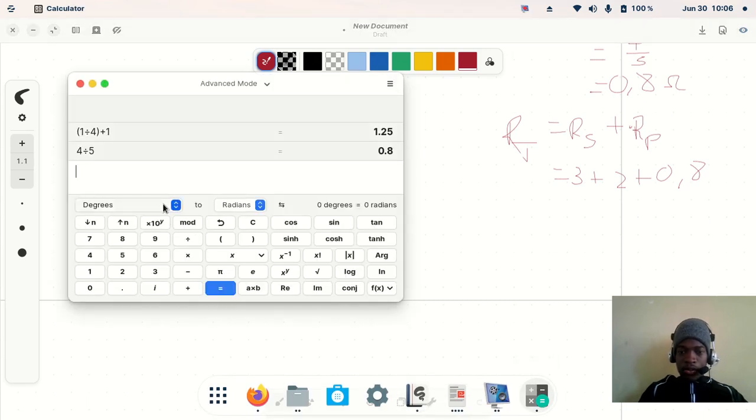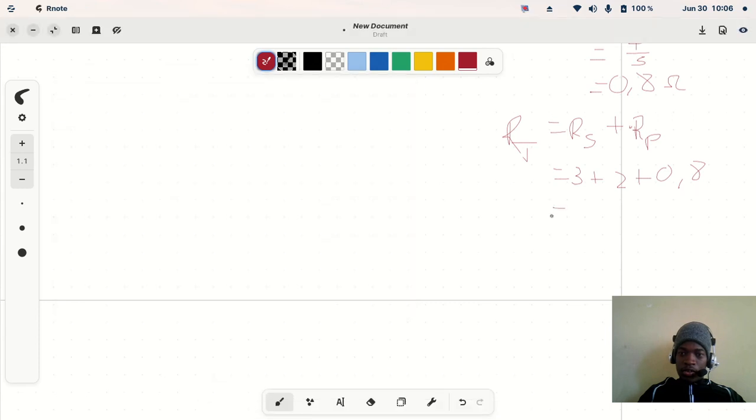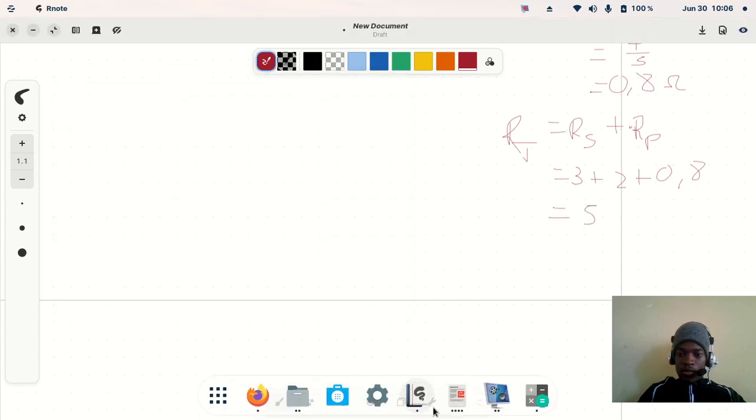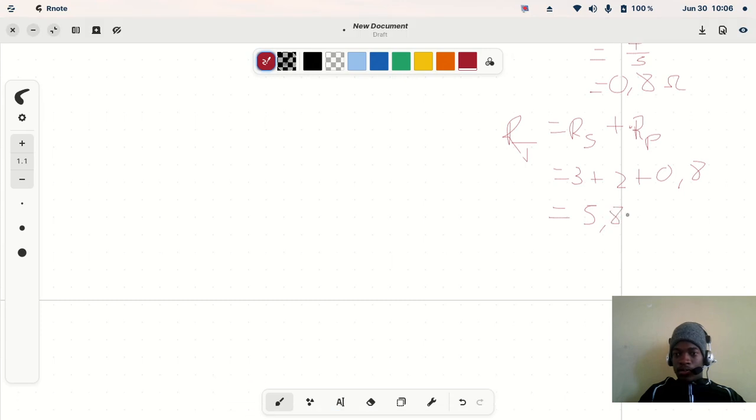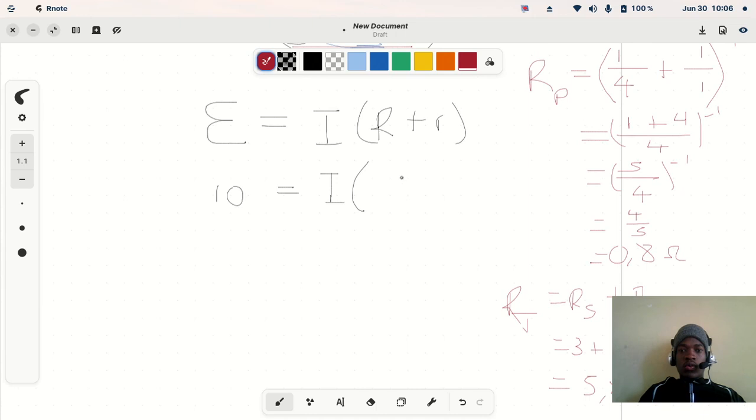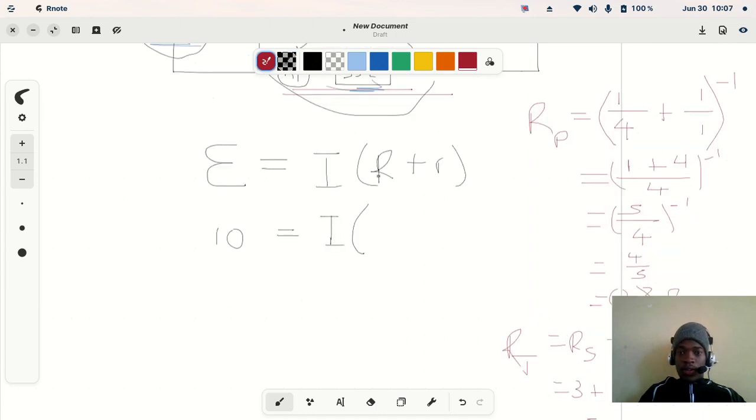So I've got 3 plus the 2 plus the 0.8, we add that together and we get a total resistance of 5.8. Yes, 5.8, so that is 5.8 ohms. So for that R I'm going to get 5.8.